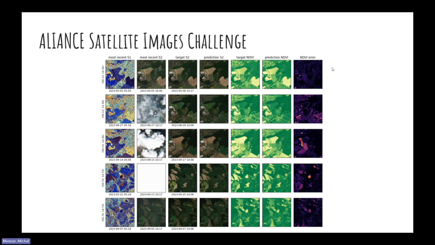The last column is a visualization of the error, so the darker the area, the better the prediction. And the first column is the supplemental Sentinel-1 frame, which we use because there are no clouds there, but it's hard to directly translate it to NDVI.